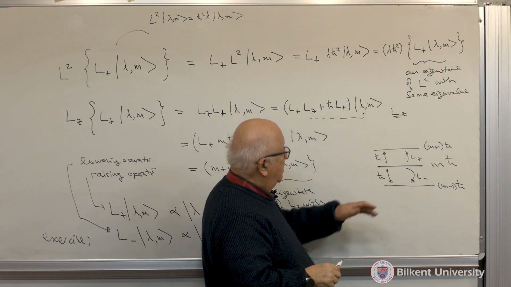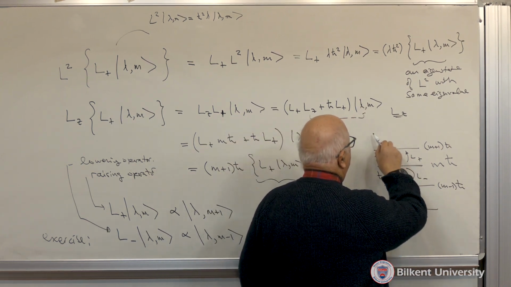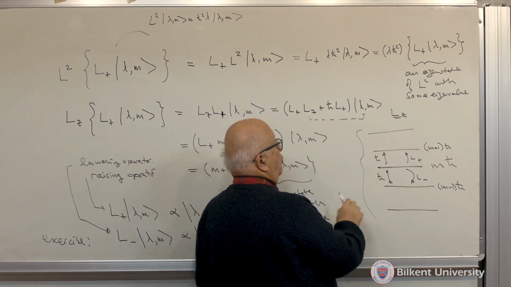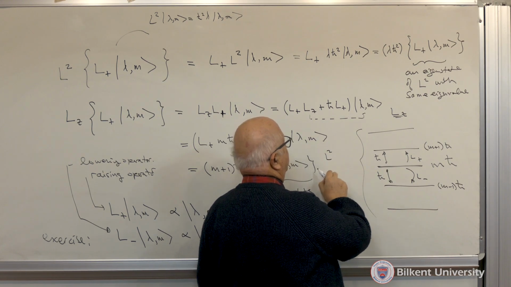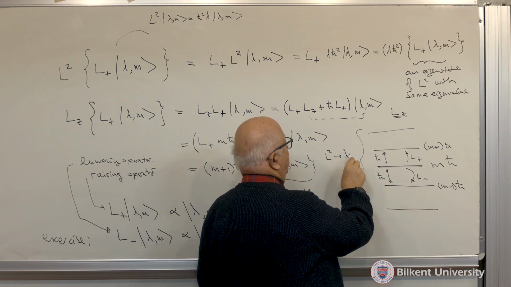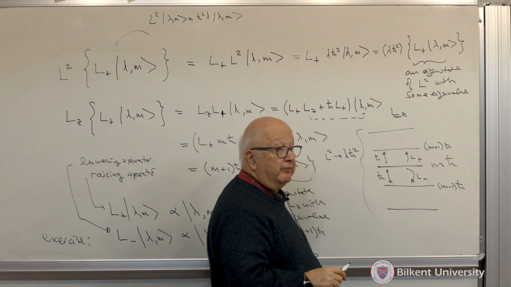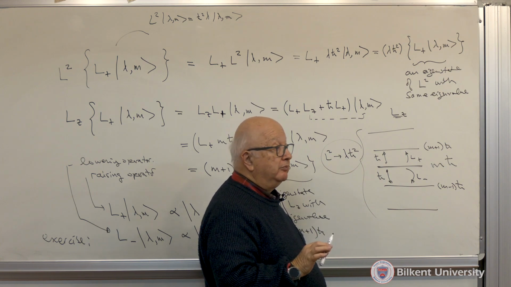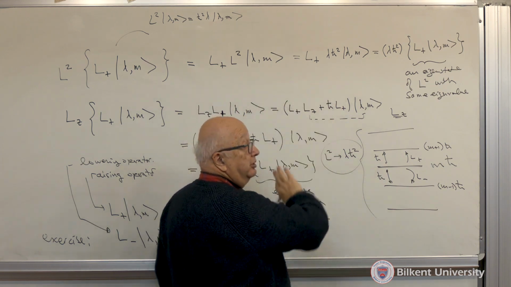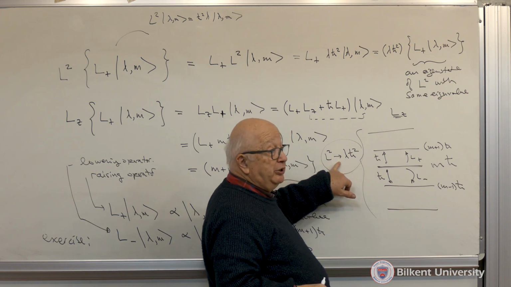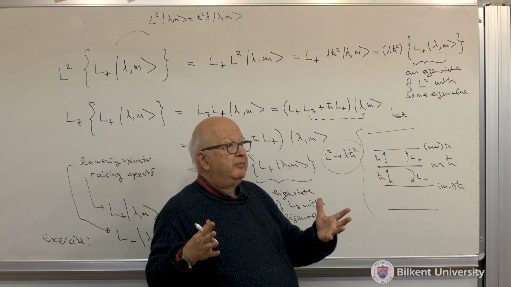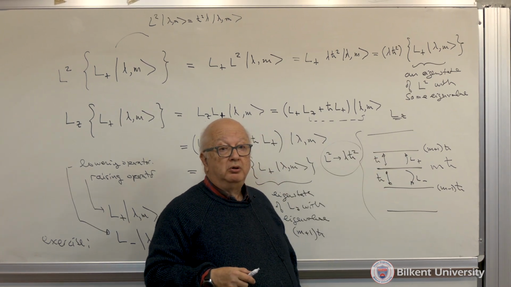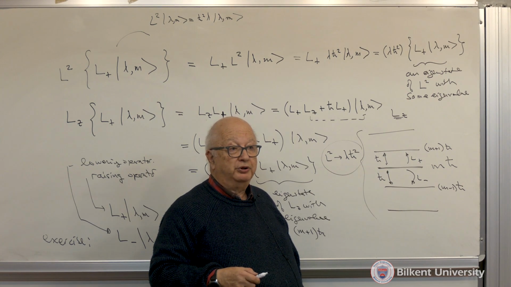All of them correspond to an L squared associated with lambda times h bar squared. All of them have the same total angular momentum because the total angular momentum did not change. So we have the total angular momentum equal to some quantity, but various possibilities for the z component.